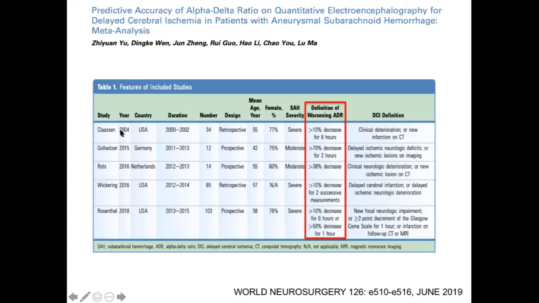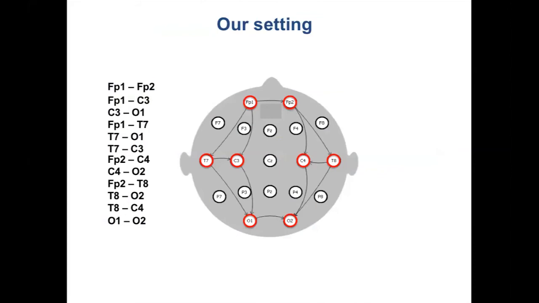The first paper was published by Jan Claassen at Columbia, and you see that he set a kind of threshold, more than 10% decrease for 6 hours. And then other groups, basically the same criterion plus more than 50% reduction for an hour. Okay, so using the Moberg, we have the possibility of evaluating the AD ratio.